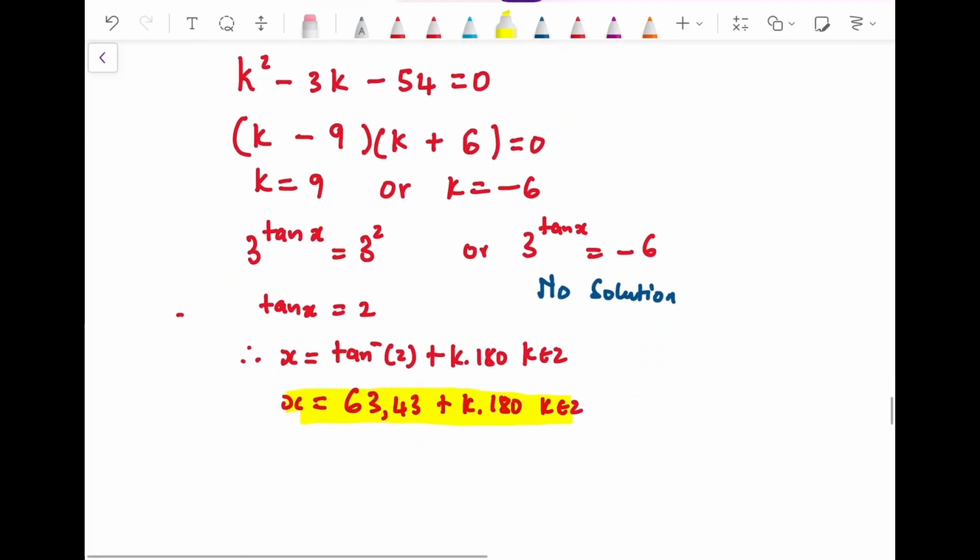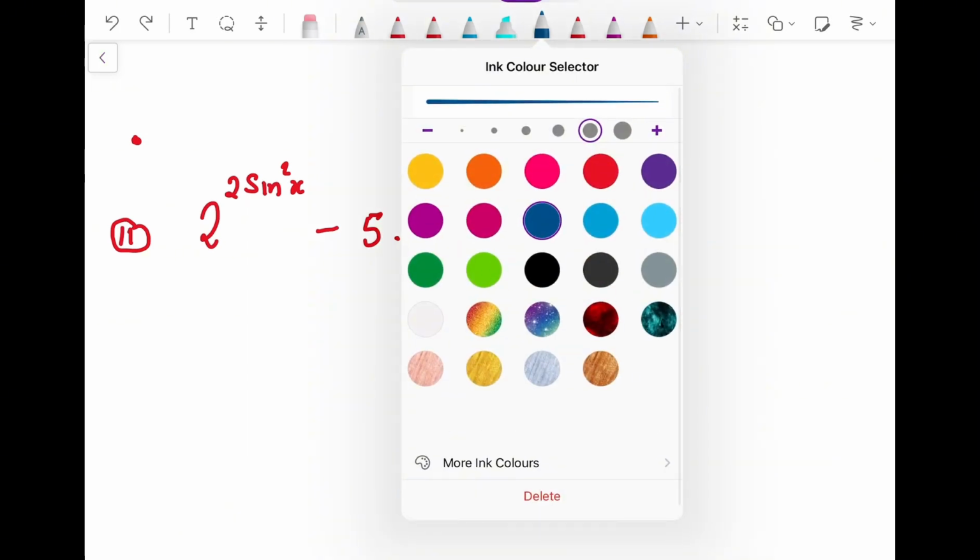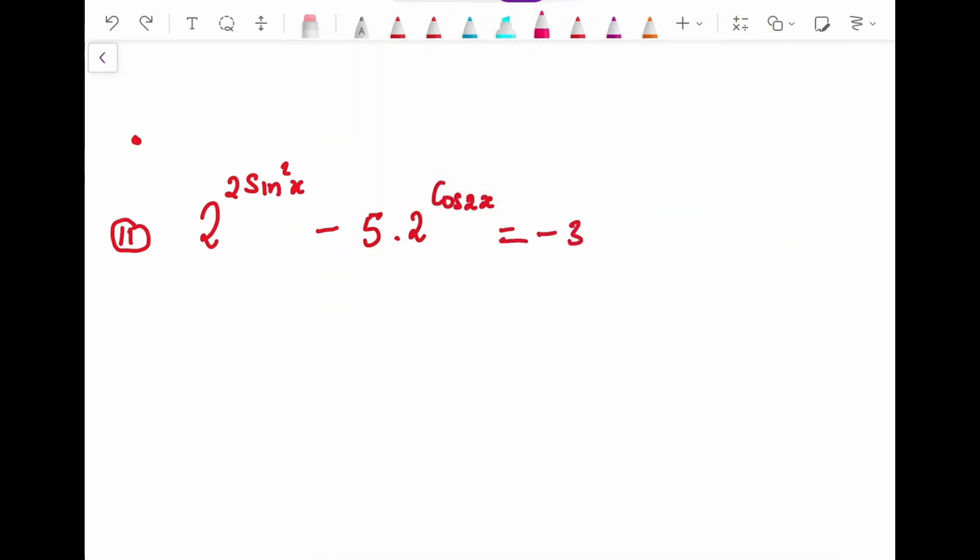Let's move to number 11. So we have 2 to the exponent 2 sine squared x, and then minus 5 multiplied by 2 to the exponent cos 2x. So we can change, this is a double angle.